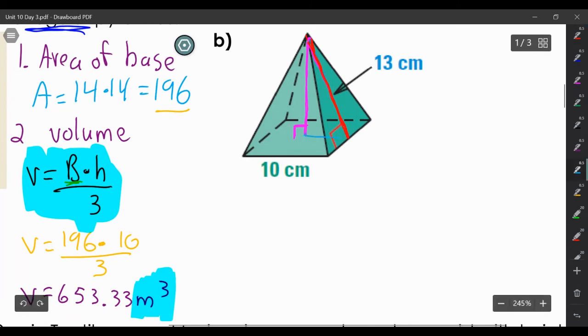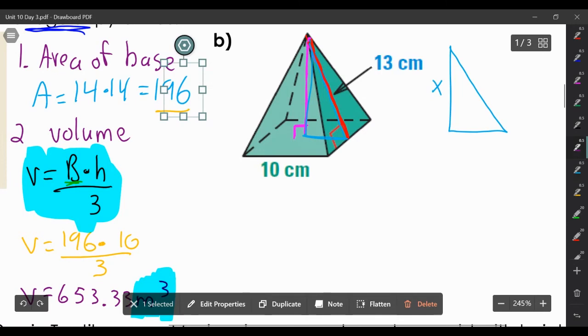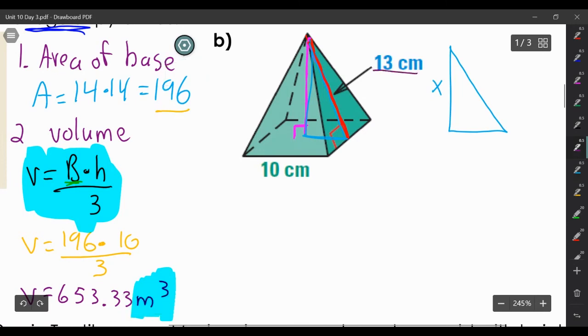What we can do is form a right triangle, and we're trying to figure out the height. We know that the hypotenuse is 13. This side right here, we don't know what that is, but since this whole length is 10, half of it must be 5.